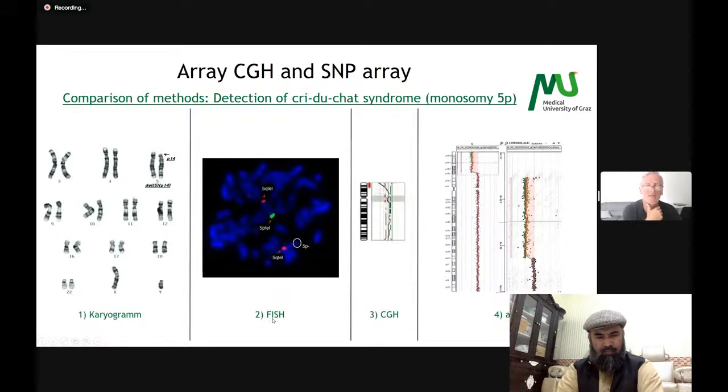FISH stands for fluorescence in situ hybridization. And here you have fluorescently labeled probes from this specific region, and you just hybridize them onto the chromosomes in the metaphase, as shown here, or also in the interphase karyotype. Normally you would see 4 signals, 2 green and 2 red, in a normal karyogram, but here you see 1 is missing because the probe from the very telomeric region is not present in the deleted chromosome.